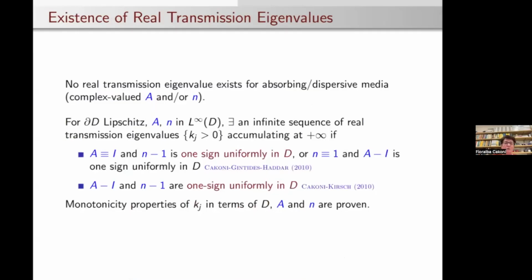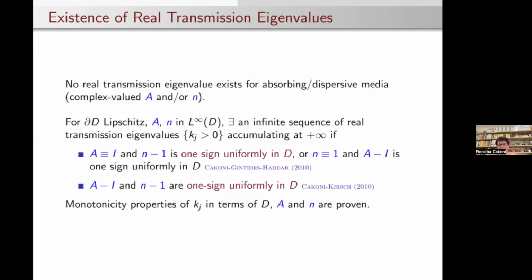Now concerning the existence of real transmission eigenvalues, the state-of-the-art result is our old work from 2010, and only under those assumptions is it known that real transmission eigenvalues exist, because the completeness of eigenfunctions and so on doesn't discriminate between whether the eigenvalues are real or complex.